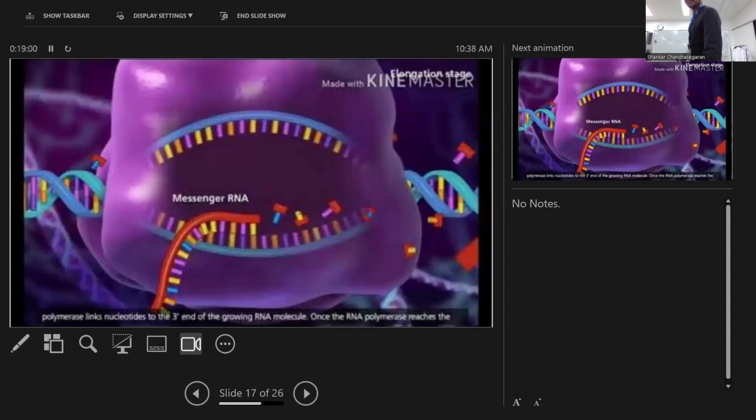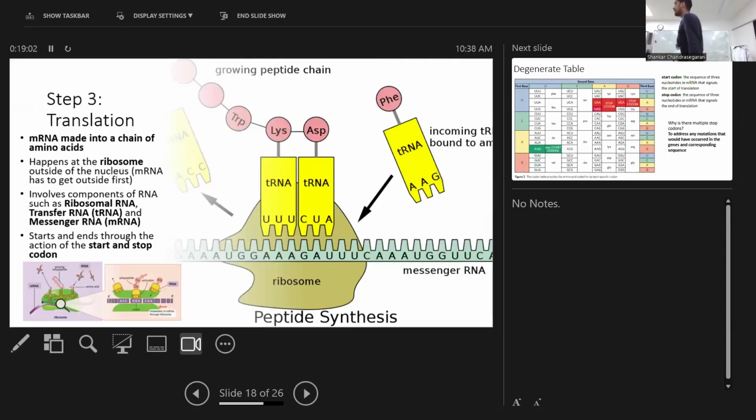And then the third step is the translation part, where the mRNA goes out of the nucleus, finds the ribosome, and then has tRNA joined together with a complementary anticodon to then build a polypeptide chain.